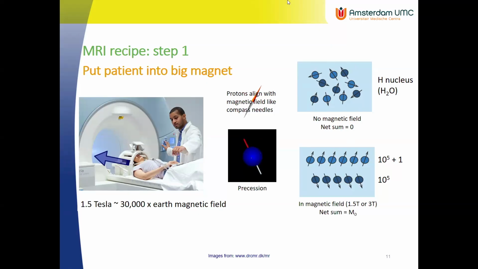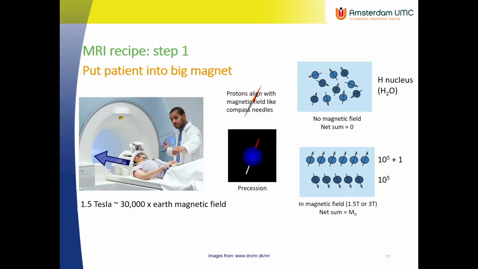Without a magnetic field, they have a random orientation. But they are a bit similar to compass needles. So if I apply a strong magnetic field, then the compass needles, the protons, will align with the magnetic field. And we need that to produce the MRI signal.